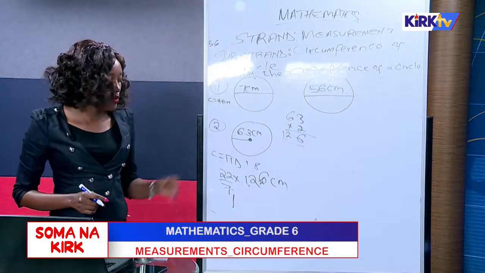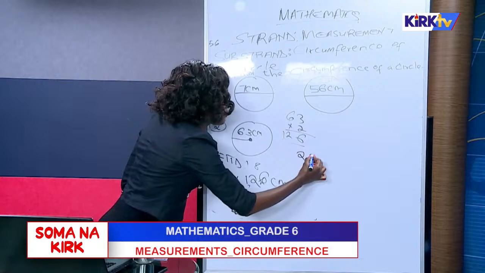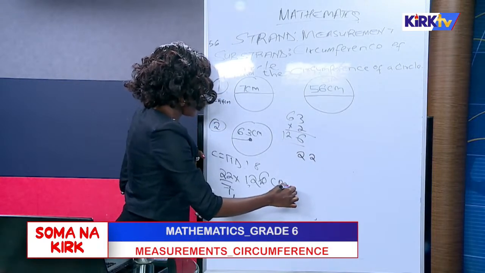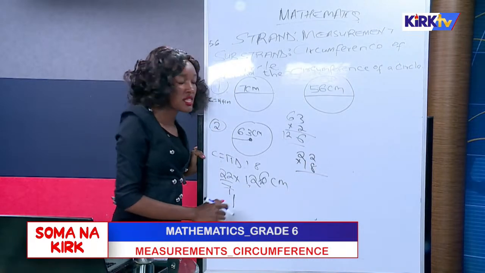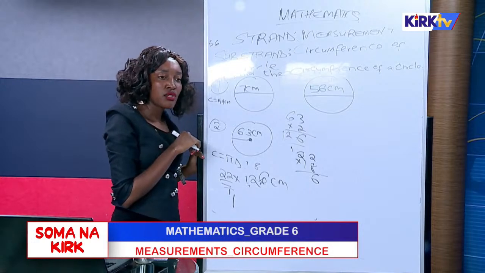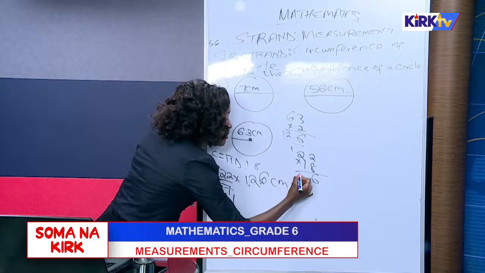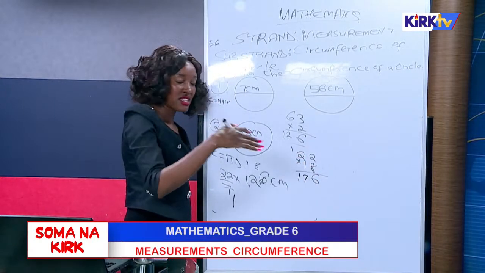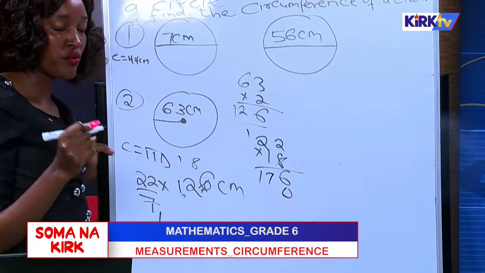After simplifying, we multiply the numerators: 22 times 18. So 2 times 8 is 16, 6 carry 1. 8 times 2 is 16, plus 1, 17. We are done with the 8. You can cancel and put a 0 there to avoid confusion.